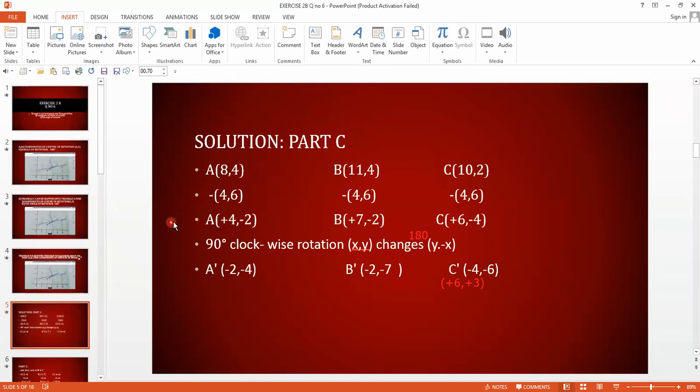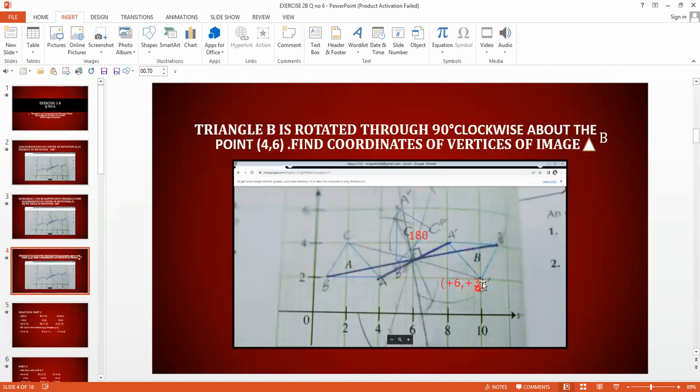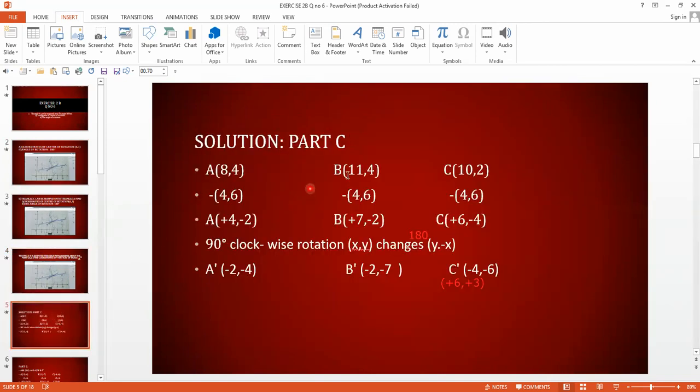For A it has 8 and 4, for B it has 11 and 4, and for C it has 10 and 2. Clear? And they are saying you have to map into a point, that point is 4 and 6.